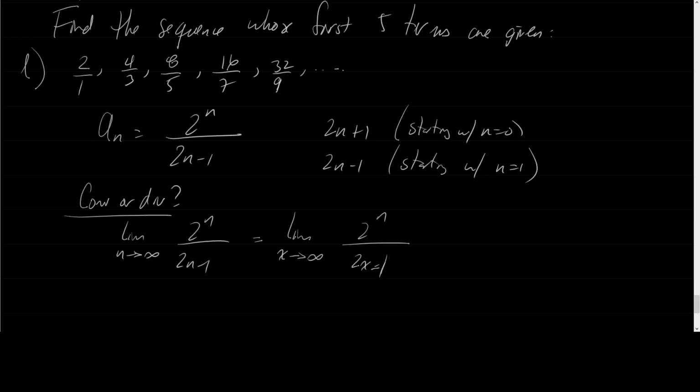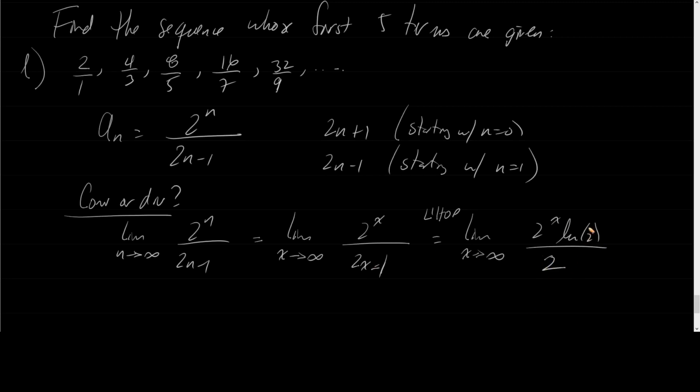Excuse me, 2 to the x, not 2 to the n. And now I can use L'Hopital's rule, because as written, I get infinity over infinity. So if I use L'Hopital's rule, I end up with the limit as x goes to infinity of 2 to the x ln of 2 over just 2.